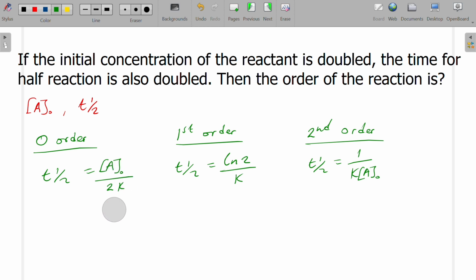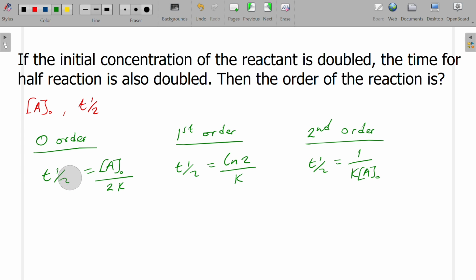But then let's determine the relationship for zero order. When you look at this here, we have our T half equal to the initial concentration on top, divided by 2K. Now, if you have T half on one side of the equal sign and a fraction on the other side, what that implies is that what is on top of that fraction, the numerator, is directly proportional to what you have on the left-hand side.